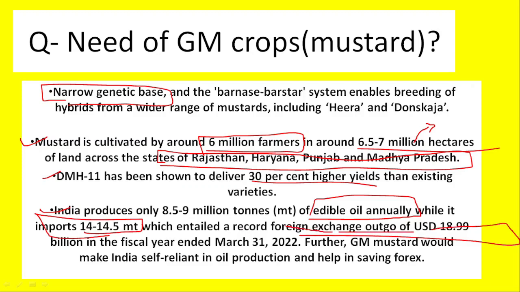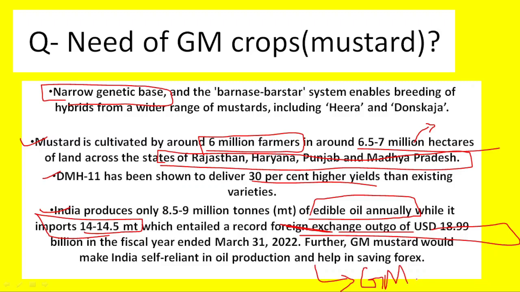So if we start cultivating GM crops, through mustard, then our farmers will benefit because of the increased yield. Our foreign exchange will be saved. Okay. Besides all this, the imports we are having of the edible oils are done through GM crops.